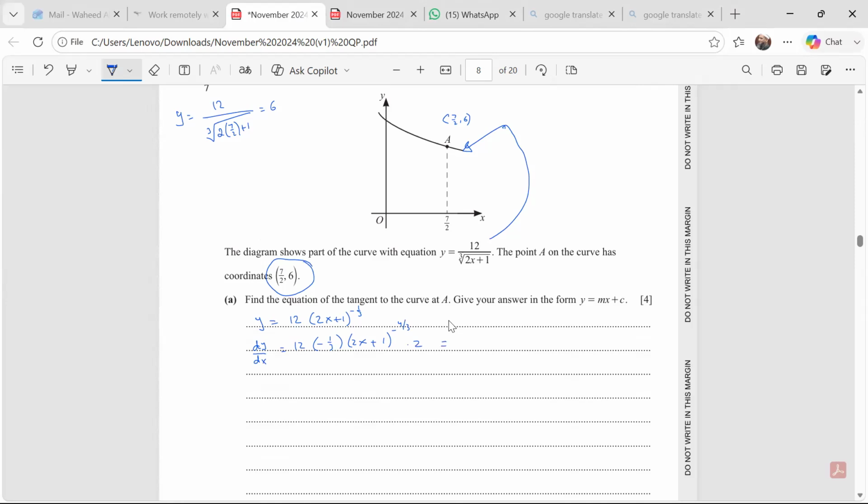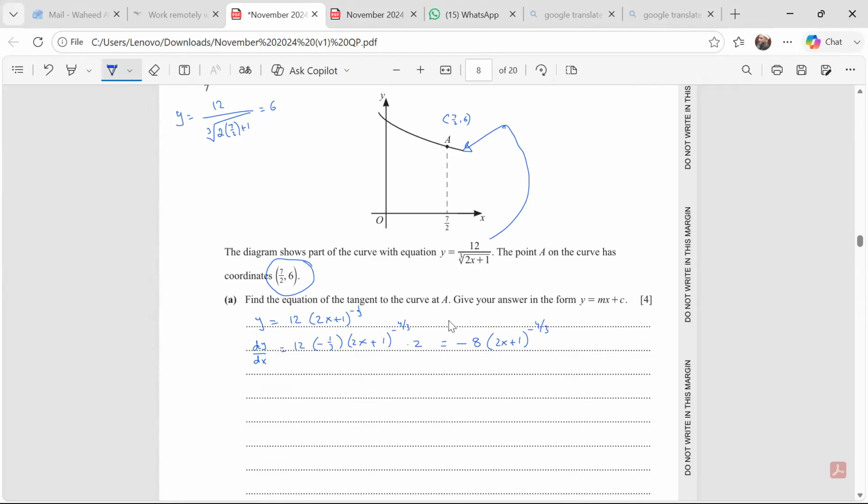I can simplify it as minus 8 times (2x plus 1) to the power minus 4/3. So this is the derivative.